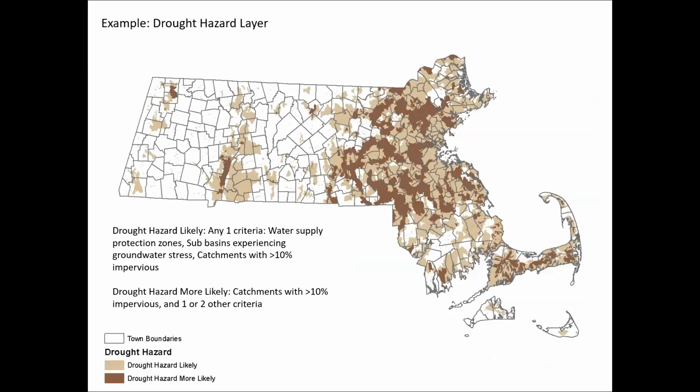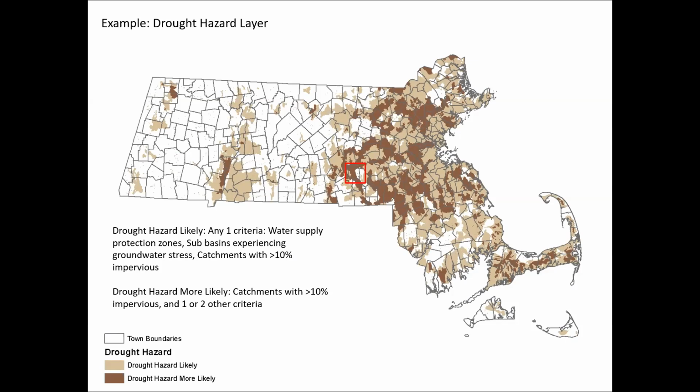I want to show you this. So this is the example of one layer, the drought hazard layer. You're seeing a lot of lands highlighted in the eastern portion of the state because those are areas of high demand and more impervious surface. I'm going to zoom in to really show you the results within one town.